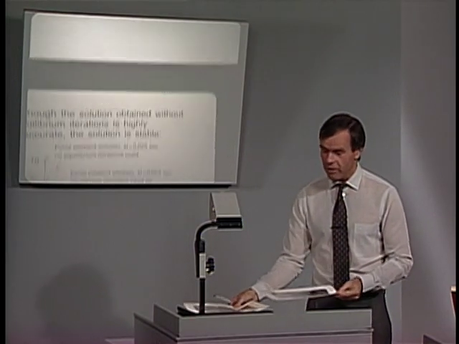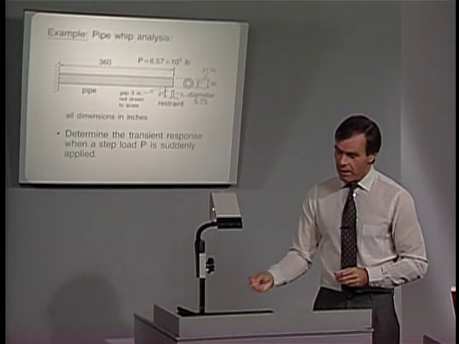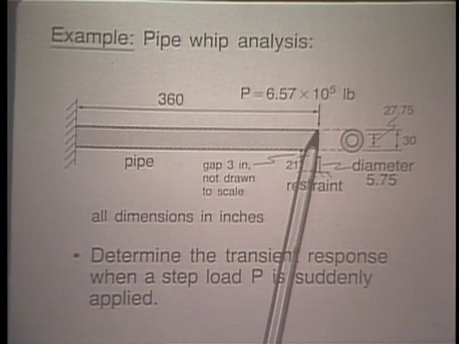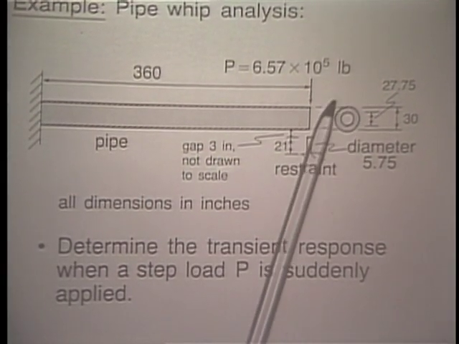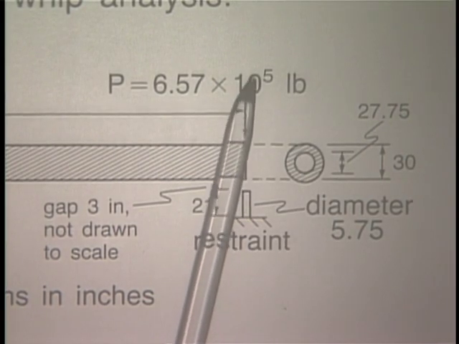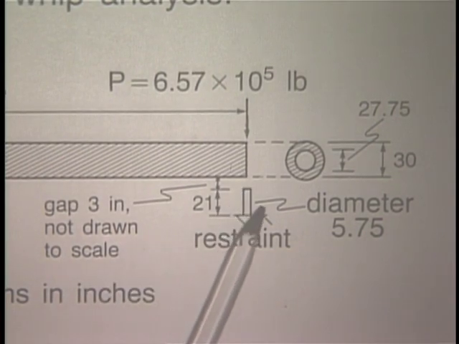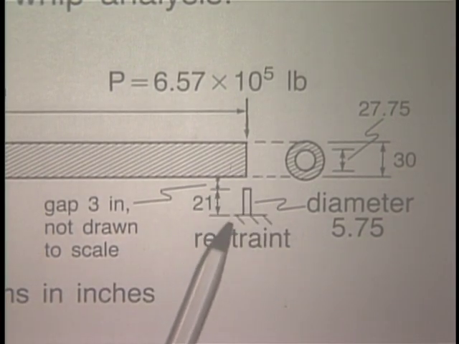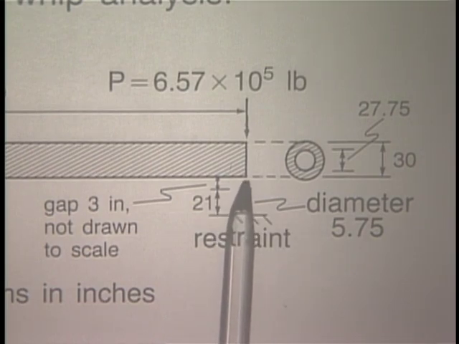Let us look at the next example now, the analysis of a pipe whip problem. Here we have a long pipe, dimension given here and here, that is subjected suddenly to a concentrated load at its end. There is also below the pipe a restraint. That restraint is only active once this gap is closed.